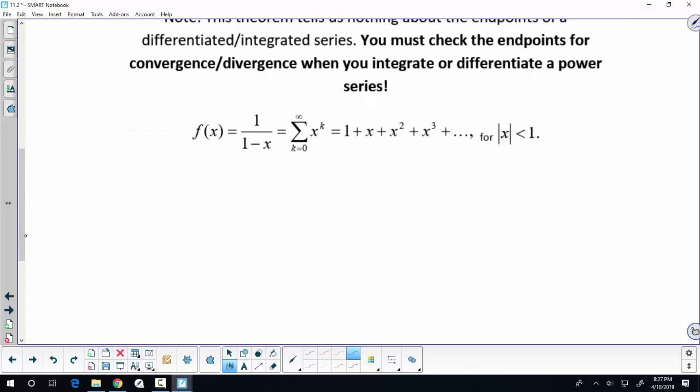Okay, so let's take a look at one example where we have the geometric series again. We're going to look at the antiderivative with respect to x.